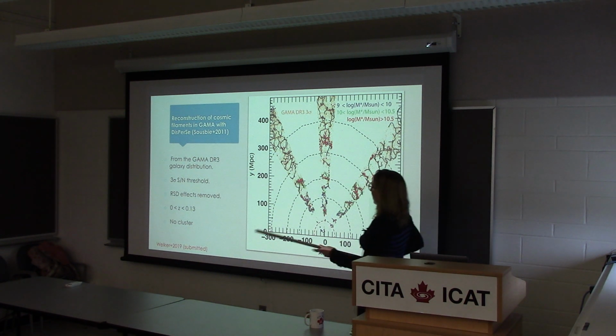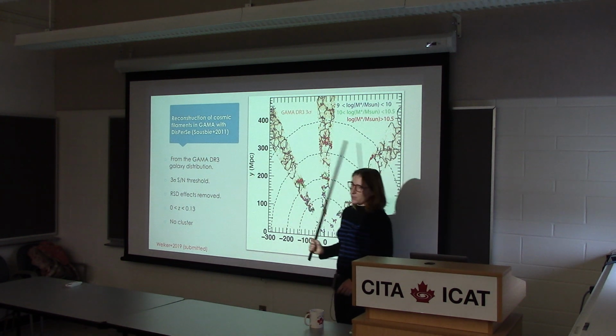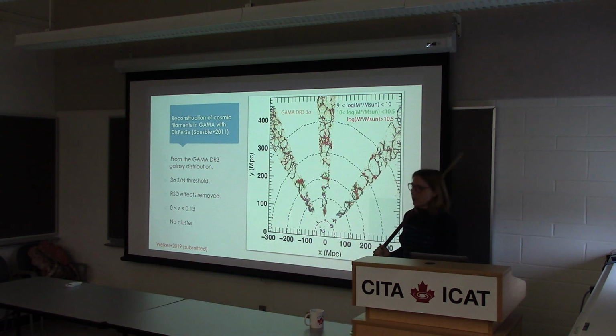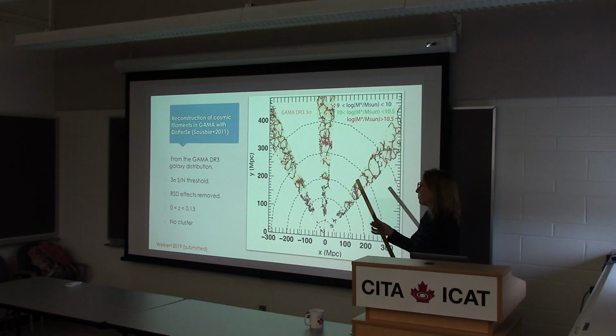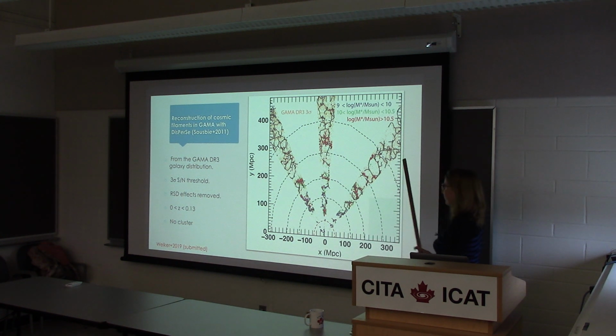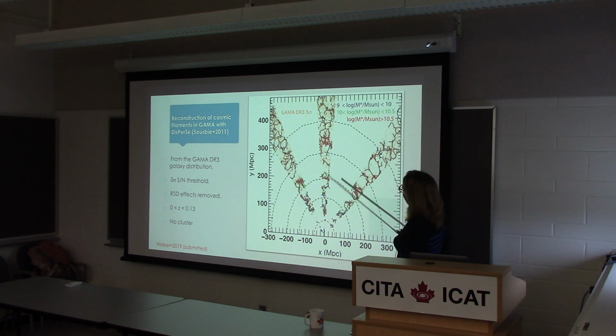The filaments are reconstructed with the DisPerSE algorithm, which is a topological algorithm that identifies peaks and saddle points. I won't give you too much detail about this one in particular. I'm pretty sure some of you use it. But the idea is that it's a pretty robust estimator that focuses on topology rather than geometry.